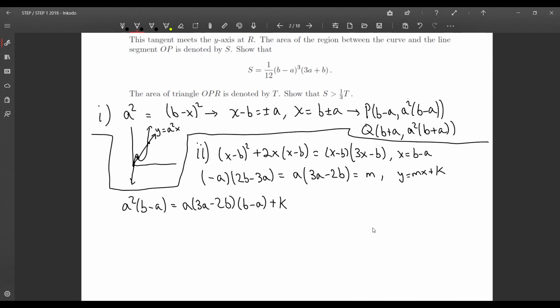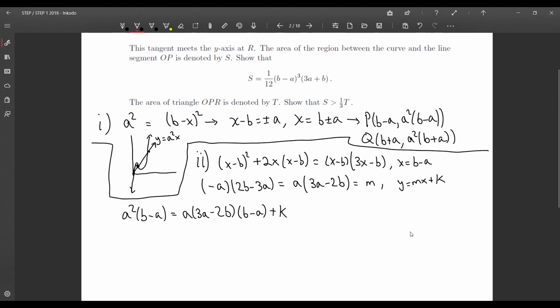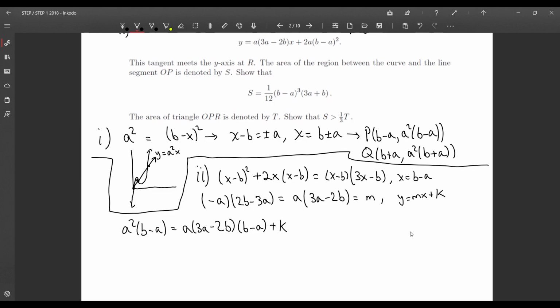Okay, so then we solve for k. We subtract on both sides, there's a factor of b minus a, and then we get a squared minus 3a squared is 2ab.